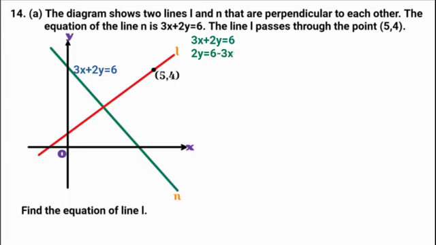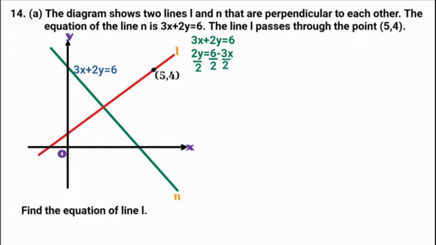Now we need to make y the subject of the formula. That means we divide all these three terms by 2. So we divide 2y by 2, 6 by 2, and 3x by 2.